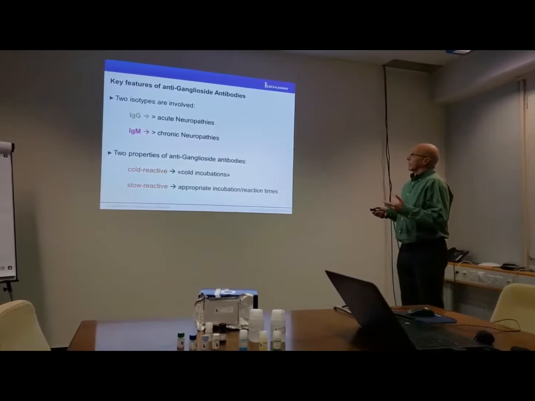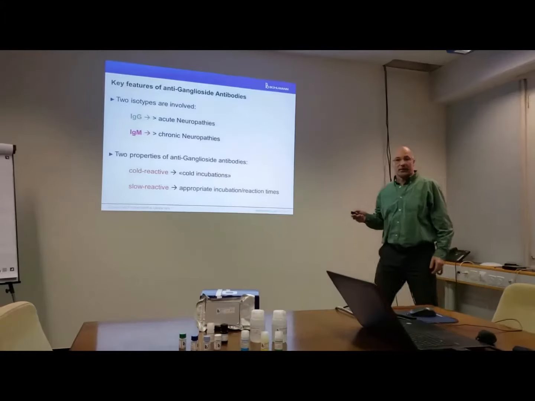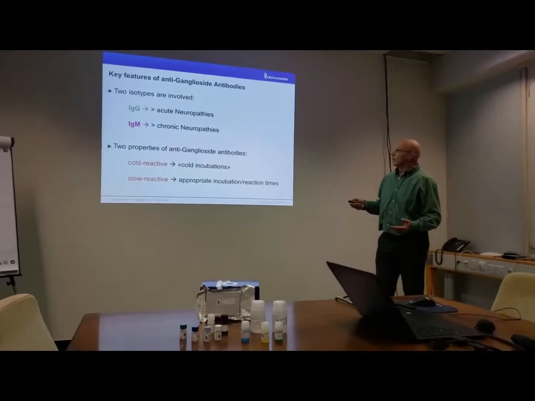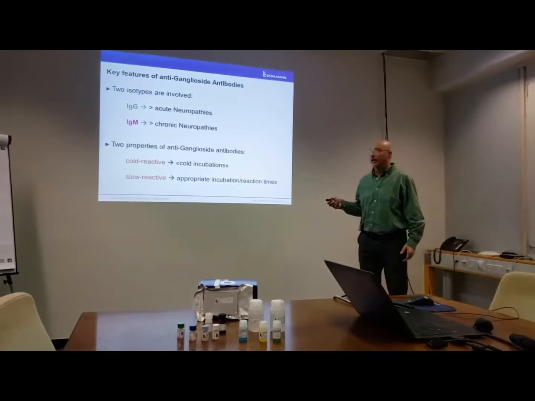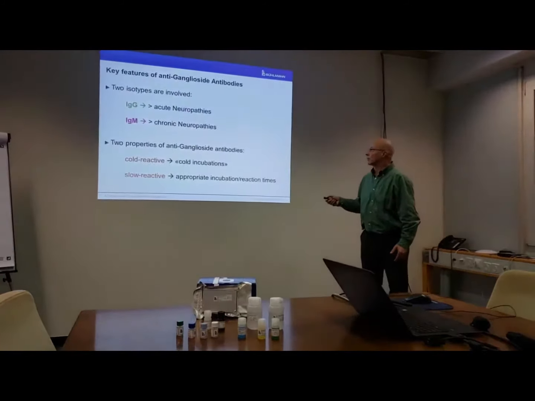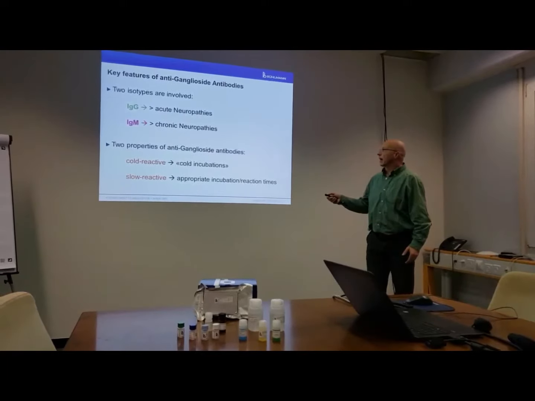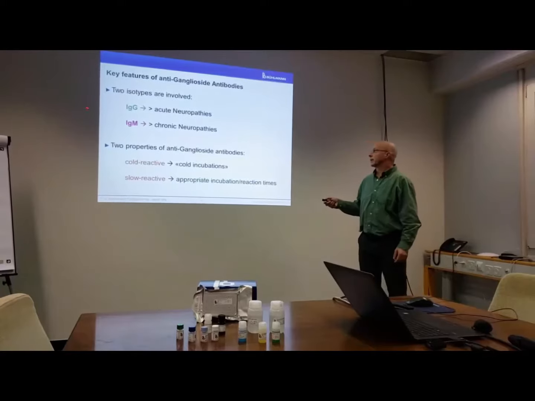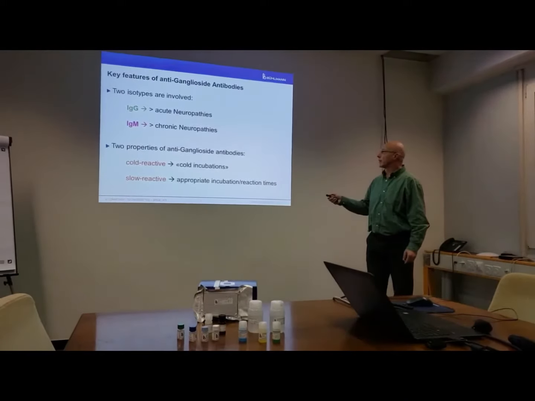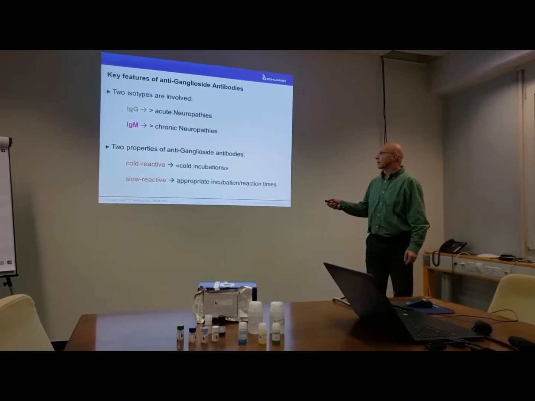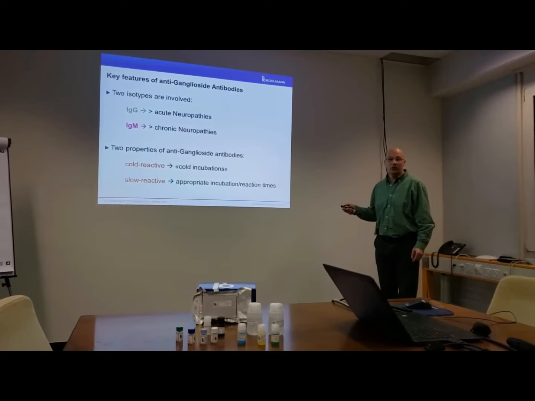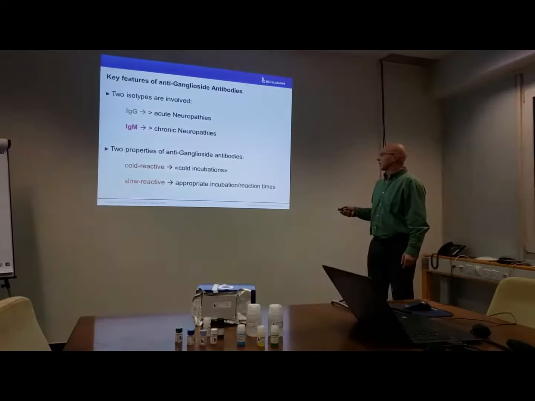Now, the ganglioside antibodies exhibit a couple of key features. First of all, there are 2 isotypes which are involved. IgG antibodies are predominantly associated with acute neuropathies, and IgM antibodies are predominantly associated with chronic neuropathies.